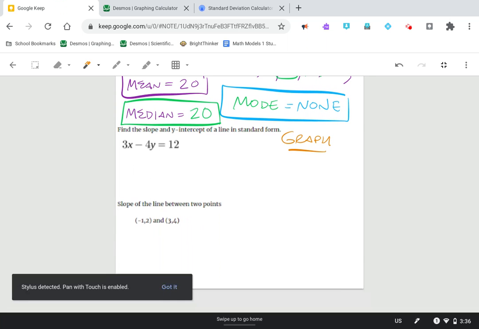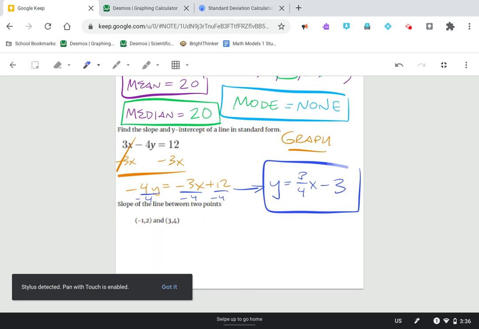But the other way to do that, if we were to solve this, I would rearrange the equation so that y is by itself. If I do that, this is what happens. I divide by negative 4 on both sides, and I get y equals 3/4x minus 3.